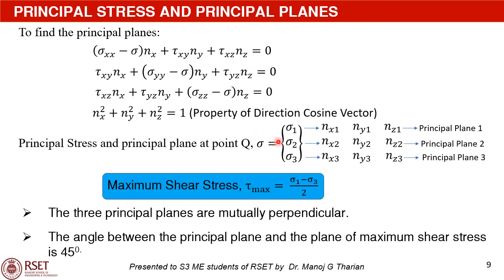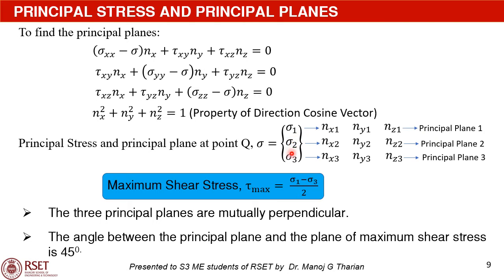Thus, for each of the principal stress, say for sigma 1, we will get a set of values for nx, ny, nz, which is named as nx1, ny1, nz1. This represents the direction cosines of principal plane where the normal stress is sigma 1.